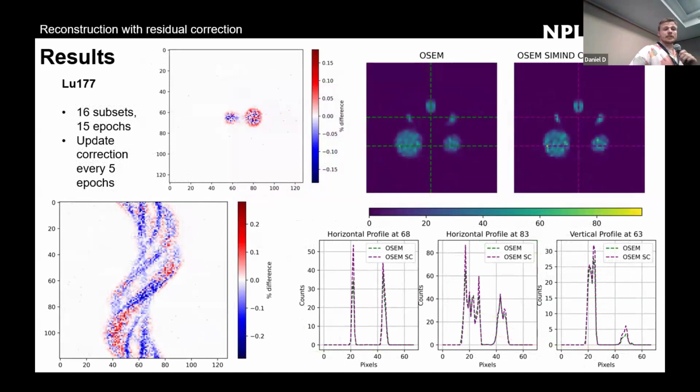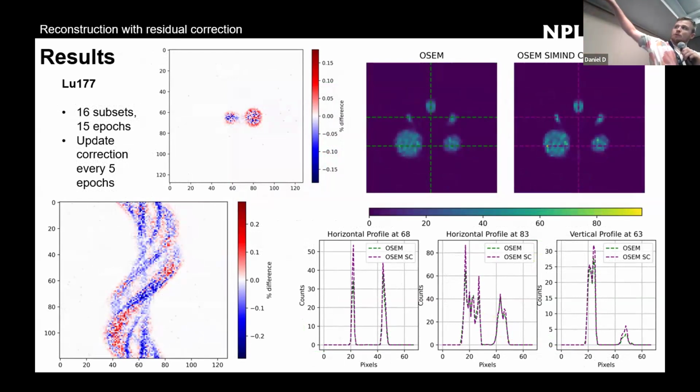Firstly, lutetium-177, this time with 16 subsets, updating the correction every 5 epochs in the same way. Shown here is the residual correction for the final Monte Carlo simulation, for a projection and a sinogram, so you can see what the residual correction looks like relative to that additive estimate.